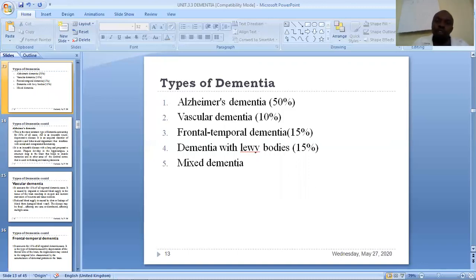We also have frontotemporal dementia, which caters for 15% of the patients with dementia. We also have dementia with Lewy bodies, which also caters for 15%. The remaining percentage is catered for by what we call mixed dementia.